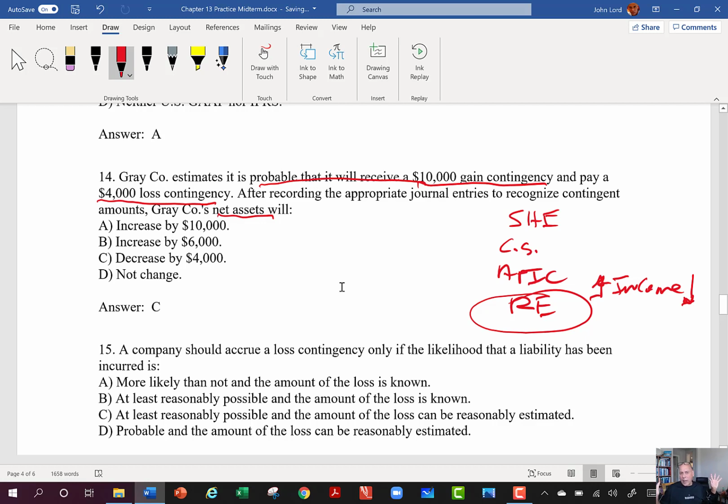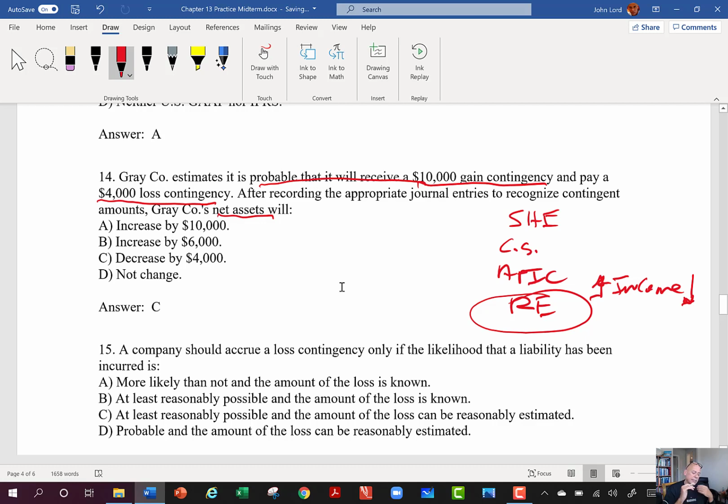So they say a high probability of a gain, but the reality is that you deal with gain contingencies in the more detailed provisions for when they'll let you take a gain contingency. For example, a tax carry forward benefit could be something that would be recognized, and you would take a gain in advance for something like that.